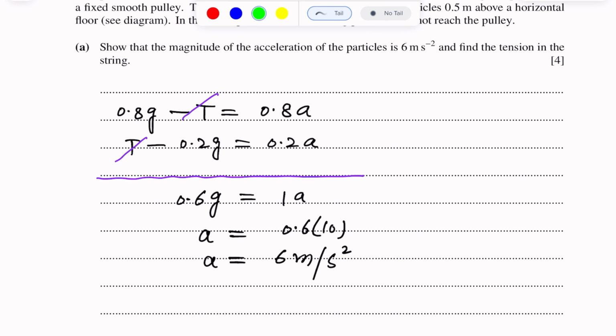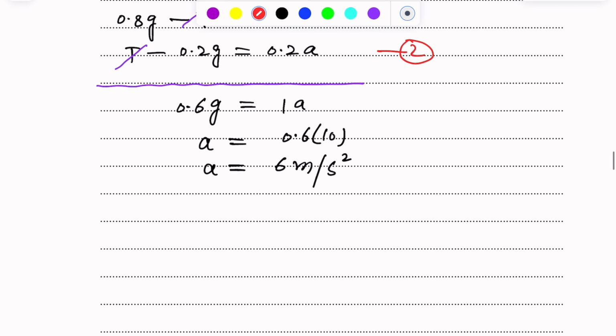Now we are putting this value of a in any equation. We are putting this value of a in the first equation. Let this be equation 1, this be equation 2. From equation number 1, 0.8 g minus T is equal to ma.